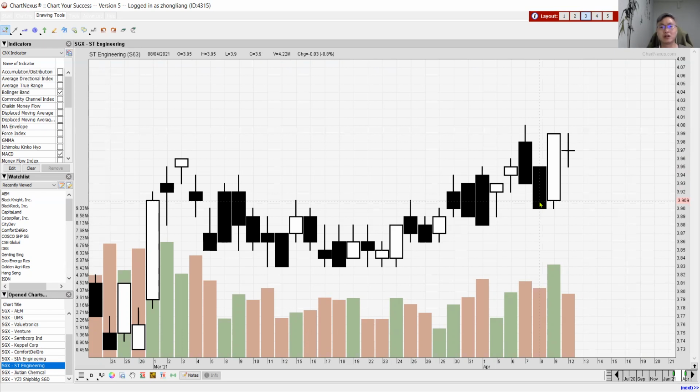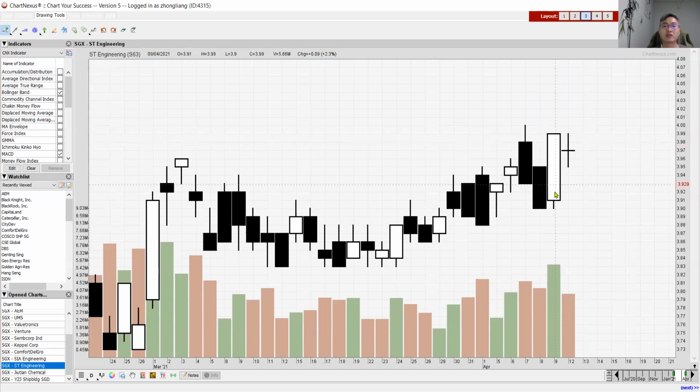So this gives us a sense of uncertainty, because if a stock is strong, it should be able to open higher and sustain its upward movement. But why, at every opportunity of a higher price movement, does the market sell down?